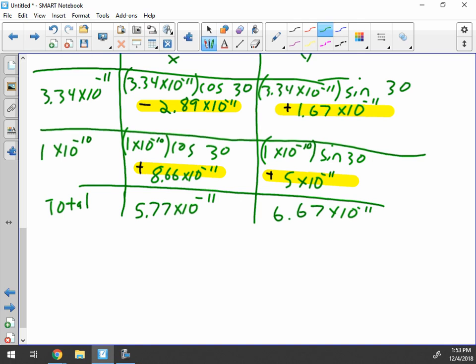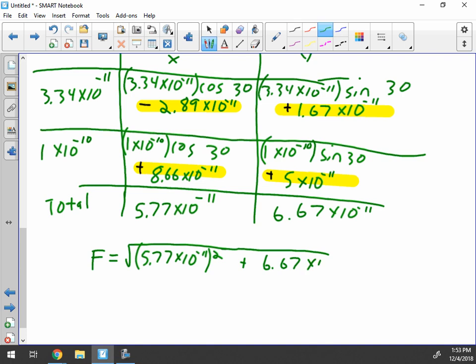So the final step is to find the total force. It would be the square root of my x part and my y part. So that would be 5.77 times 10 to the negative 11 squared plus 6.67 times 10 to the negative 11 squared.